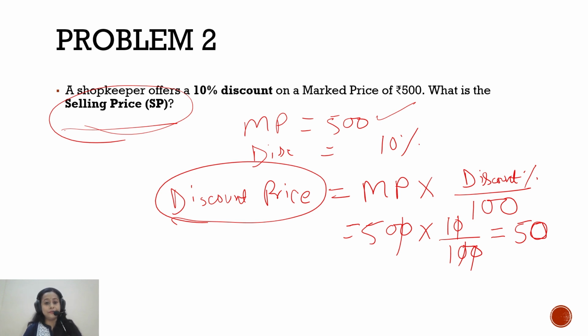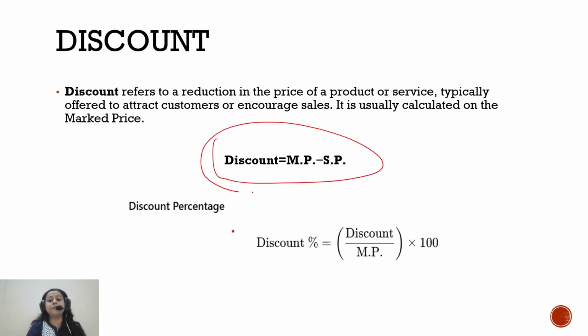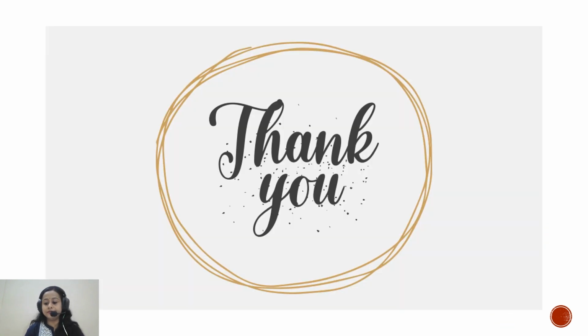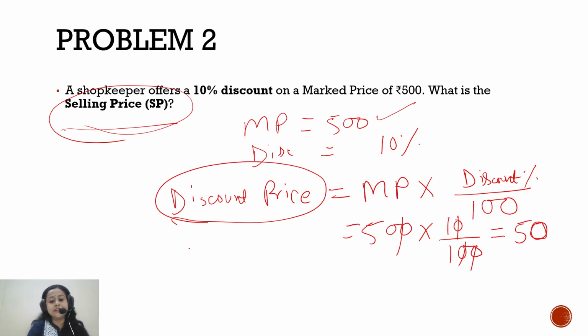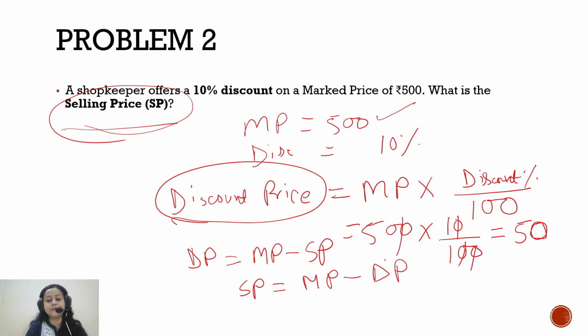Now, to find the selling price, when marked price is given and discount price is given, there is a formula. So, we will apply this formula here. We know the discount, we know the marked price. From this equation, it will be very easy to find the selling price, right? Discount price, I'm writing DP, is equal to marked price minus selling price. If we change the side, we get selling price equal to marked price minus discounted price.